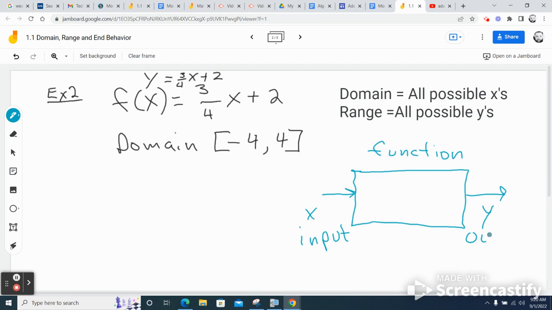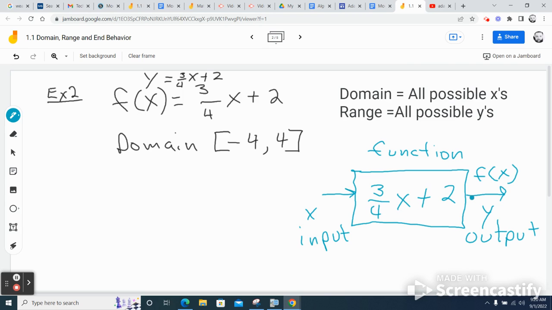We sometimes call that an output, but for a very specific function, we call it f of x. So my x value is a number that I plug in, and in this particular case, my function is 3/4 times x plus 2.